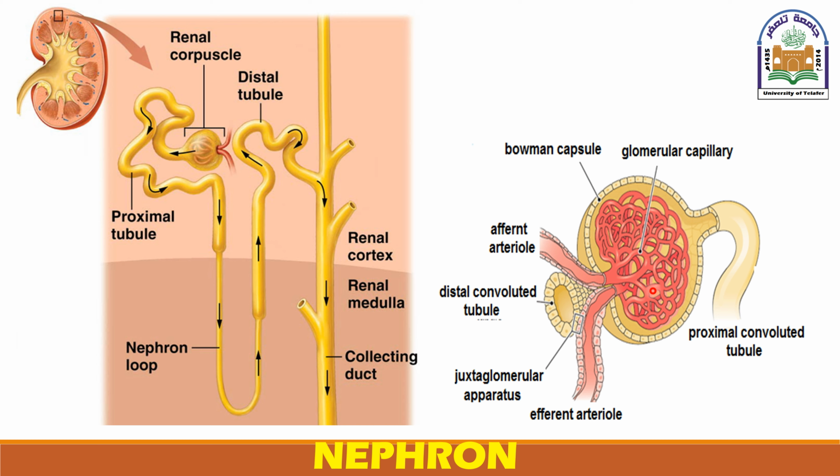After coalescing, these capillaries form another arteriole, known as the efferent arteriole. The efferent arteriole, as I will discuss later on, will feed into a second group of capillaries around the renal tubules. We shall see it later. These are known as peritubular capillaries.